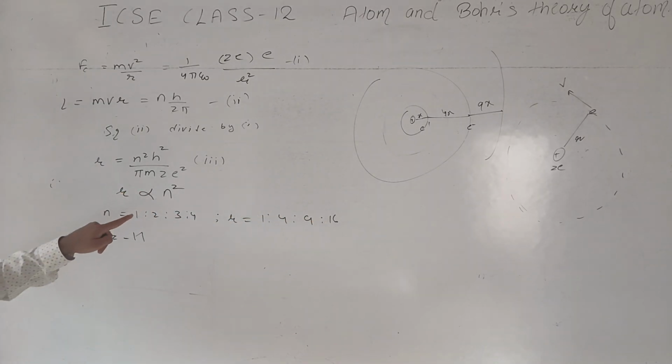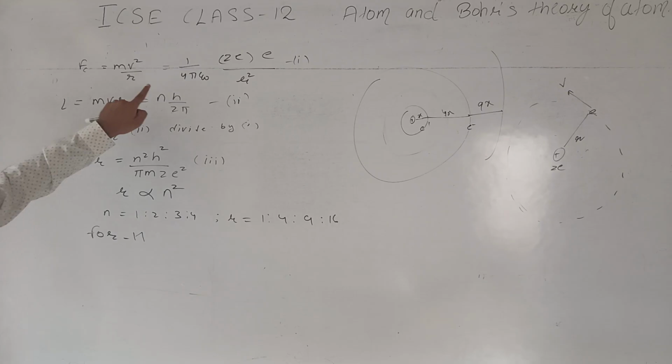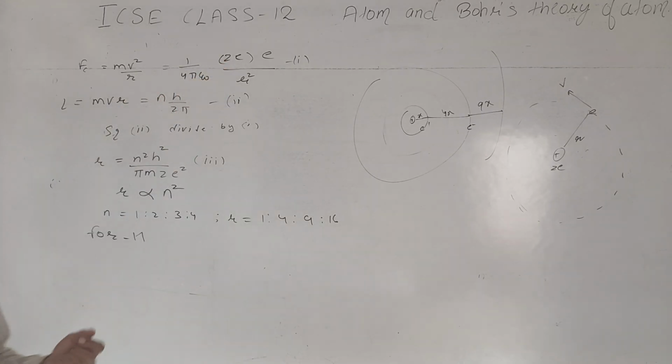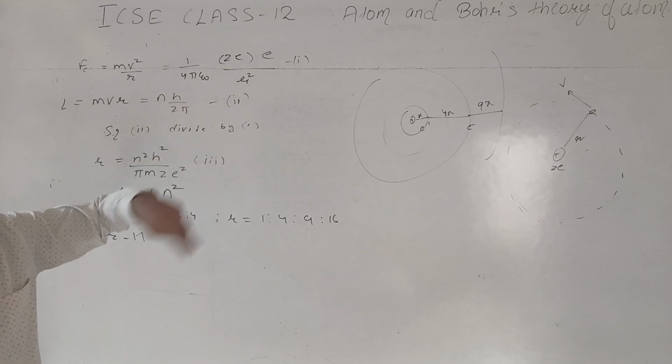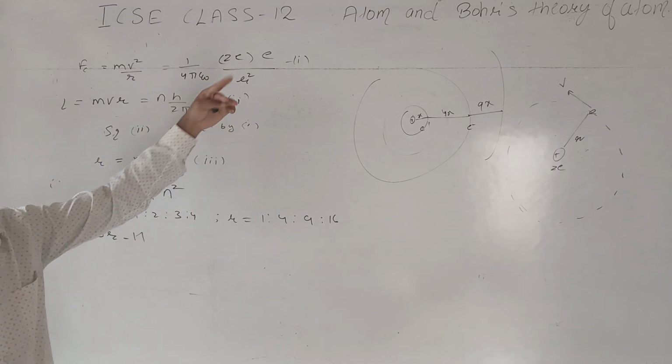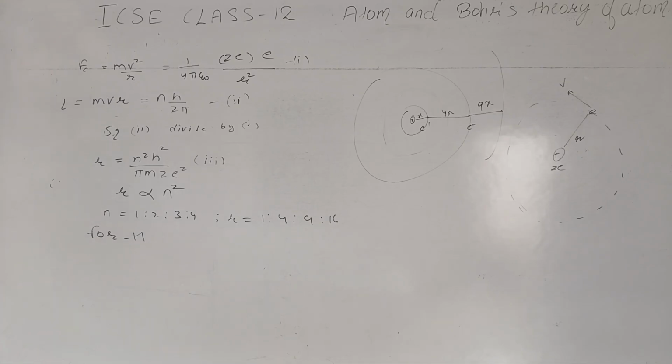The only difference is, in place of Z here, we put 1, because for hydrogen it is 1. Or for hydrogen-like atoms, if we are talking about helium, we will put 2 here. If we are talking about lithium, we will put 3 here. So this is how we apply Bohr's theory to different elements.